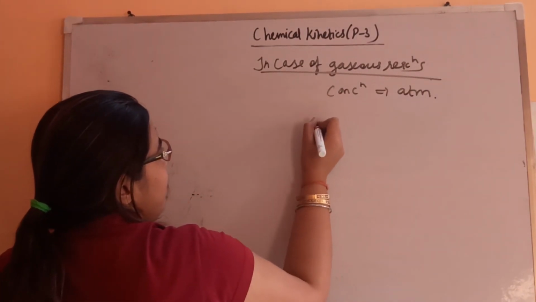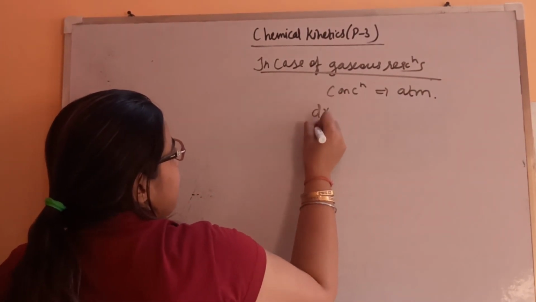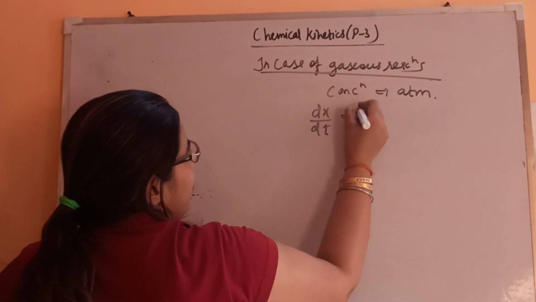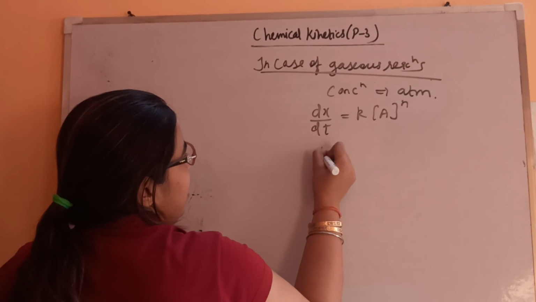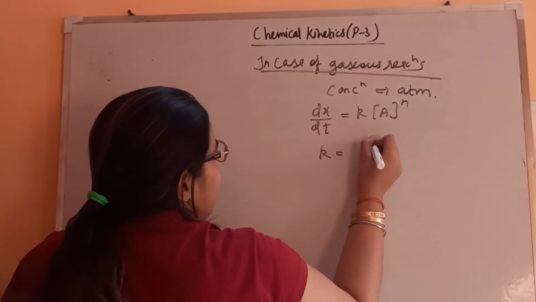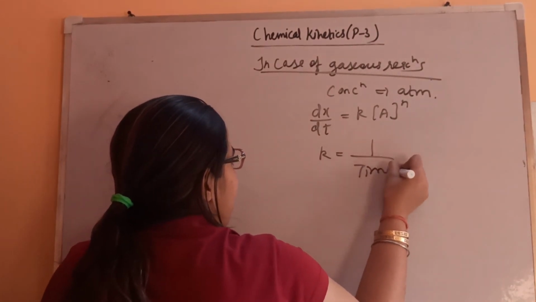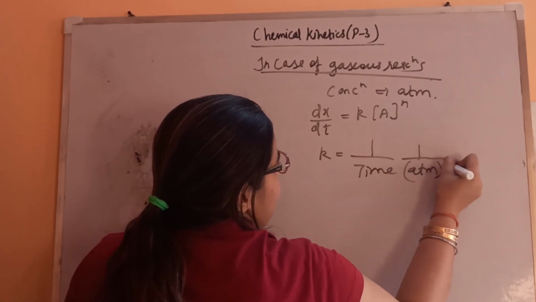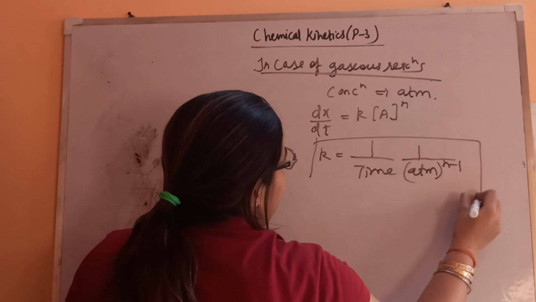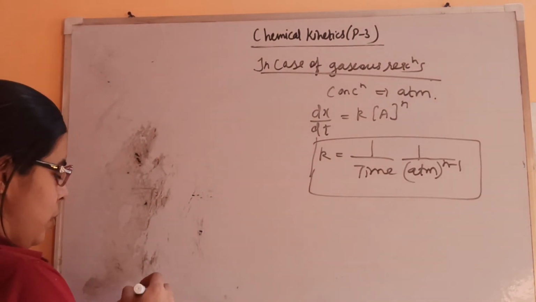So what will the units be? You can say dx by dt is equal to k, concentration to the power n. So you can say that K is equal to 1 upon time, 1 upon atmosphere to the power n minus 1. So from here you will get the units in the atmosphere.